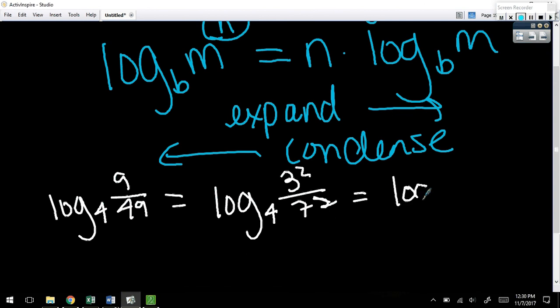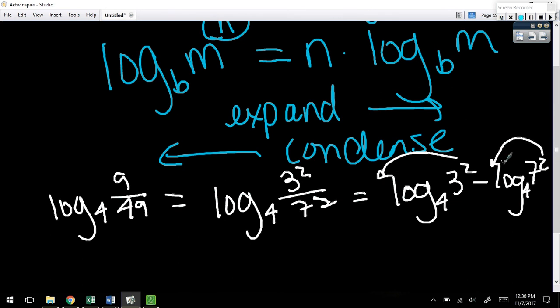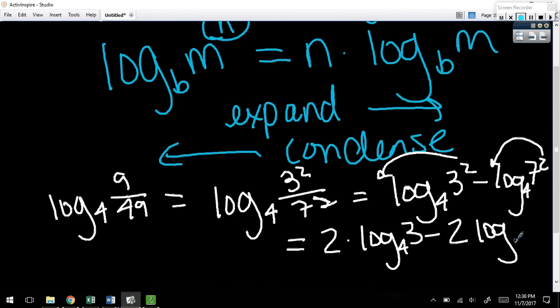So that when we subtracted minus log base 4 of 7 squared, instead of adding them twice, we could have just said that's 2 times log base 4 of 3 minus 2 log base 4 of 7.